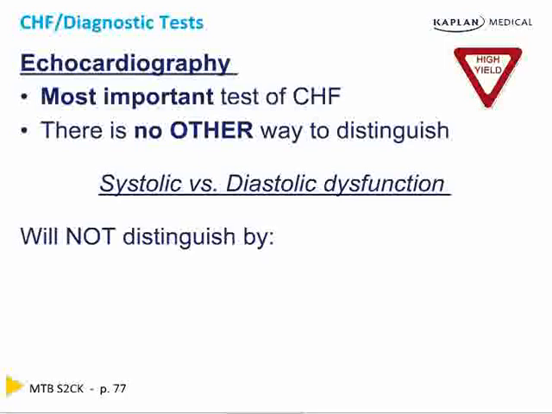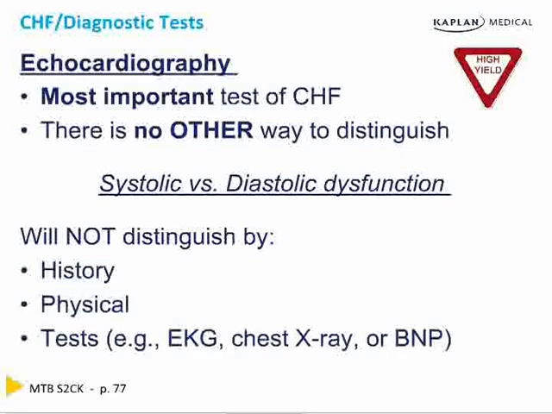It will not distinguish by history or physical or the other tests like an EKG or even a BNP, brain natriuretic peptide. BNP is a test that you do in acute settings when you're not certain about the diagnosis. The BNP is up in CHF, but more important than that, when it's normal, it excludes CHF as the cause of someone's shortness of breath.